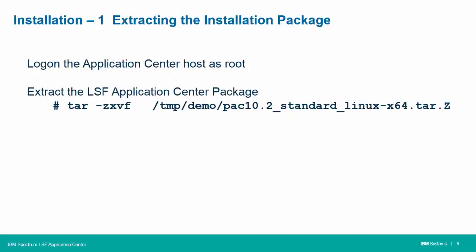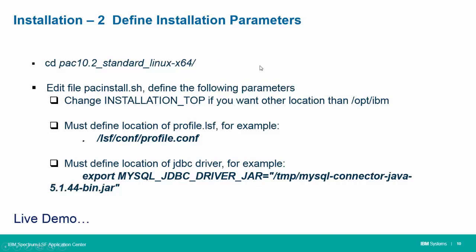So now the next thing we want to do is to take our package and extract it. So we've downloaded our Application Center 10.2 package, and we just want to extract it using the tar command. So tar zxvf and the name and location of the file. Once we've extracted it, it's created a directory for us called PAC 10.2 Standard Linux x64. In there, we want to modify this file here called packinstall.sh.